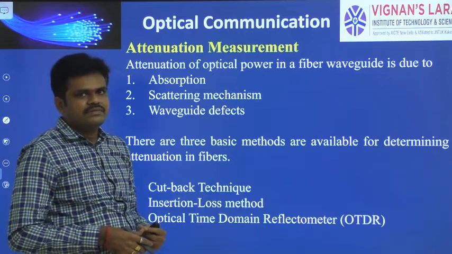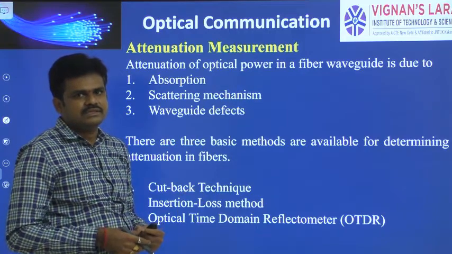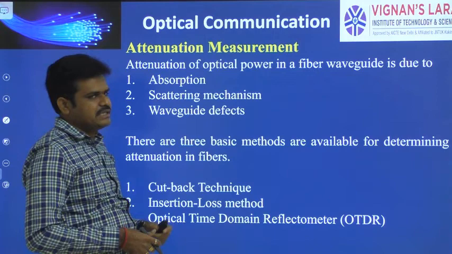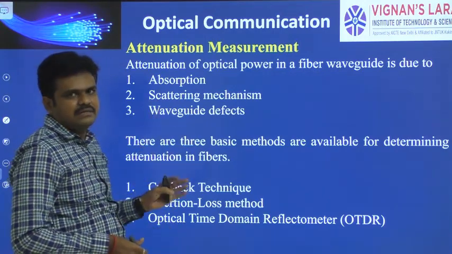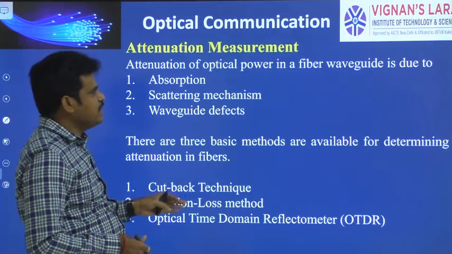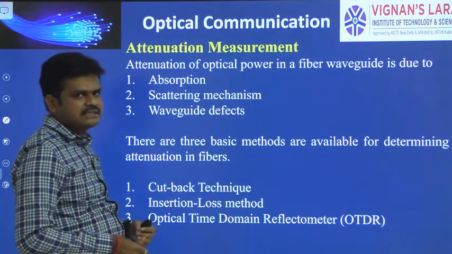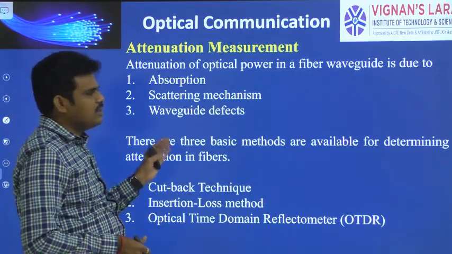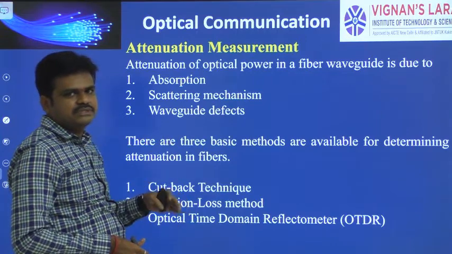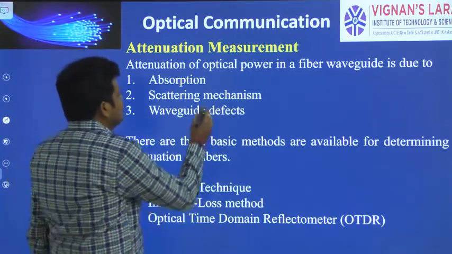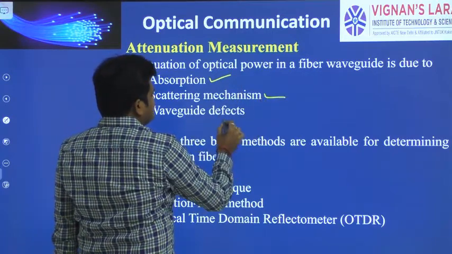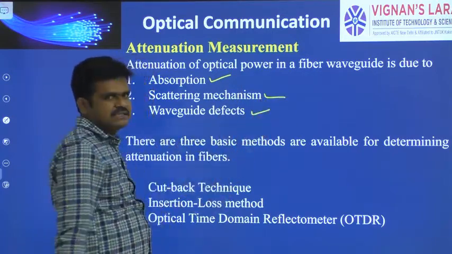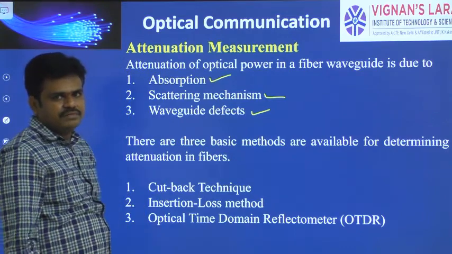Today we go to another new concept, that is attenuation measurement in an optical fiber. We studied in the previous lectures that attenuation in an optical fiber is due to absorption, scattering, and crystal defects in the waveguide.